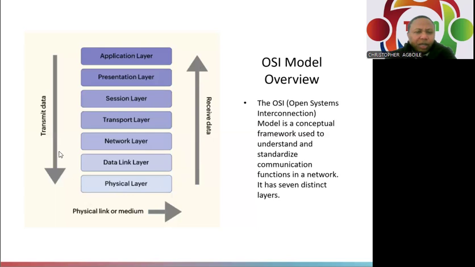So the arrows are there. Then you talk about the physical link or medium. Having said that, the OSI model has 7 compartments. It's modular, and each of them is responsible for specific tasks in data transmission.